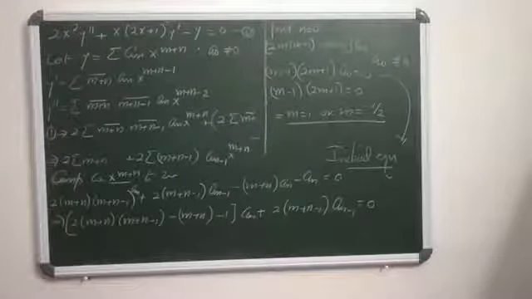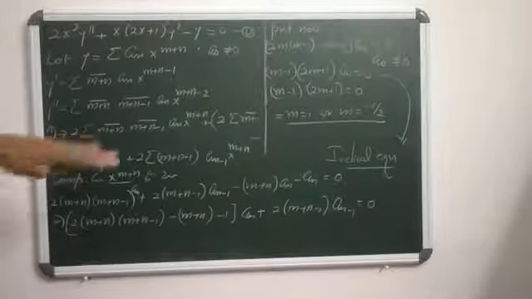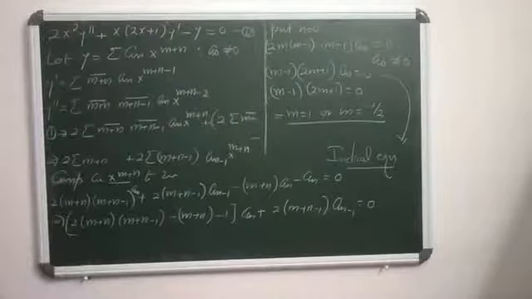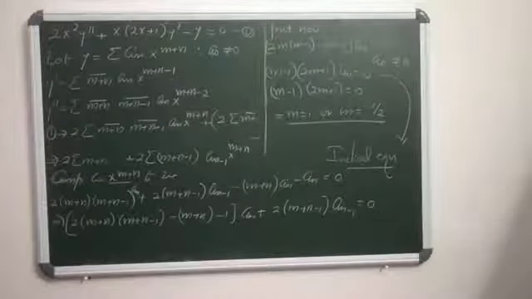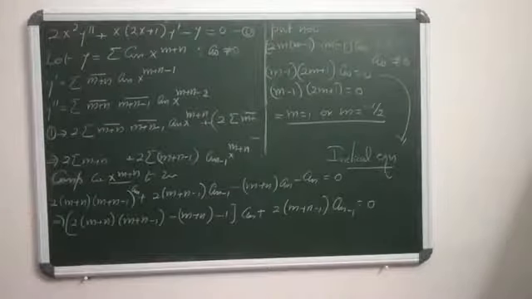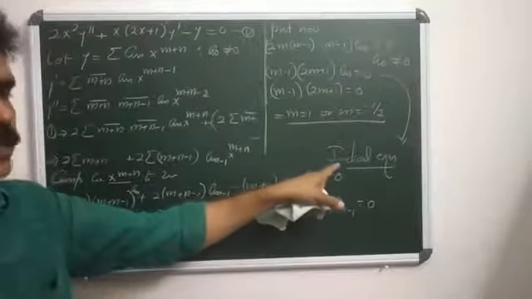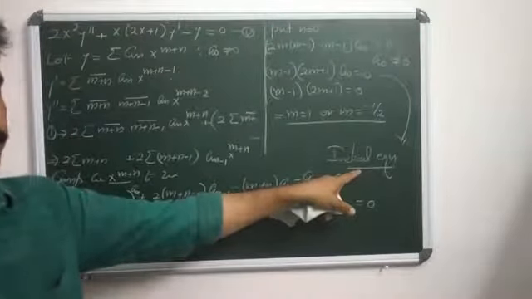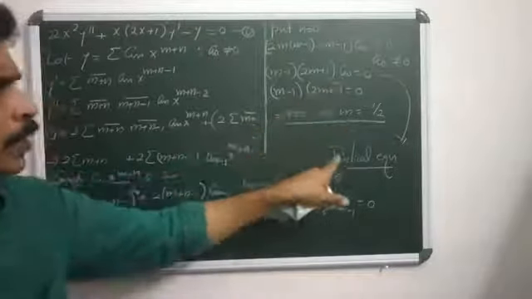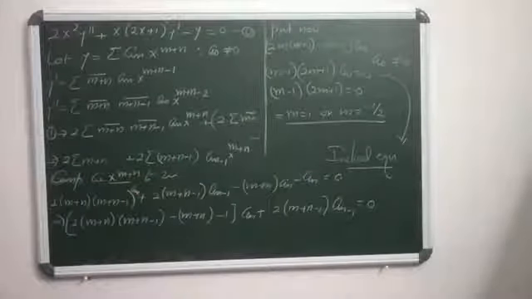That is a crucial point, an important term. On solving this equation with a naught not equal to 0, m has two values: either m equals 1 or m equals minus 1 by 2.